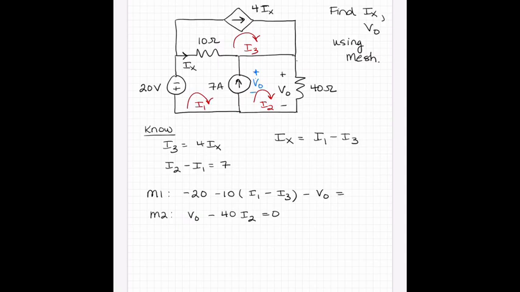So let's look and see what we have here. Okay, so we have the following equations. We don't need a mesh 3 equation because we've already written down what it is. Even though we don't know what 4ix is, it's a single value. We're not relating two mesh currents to 4ix.